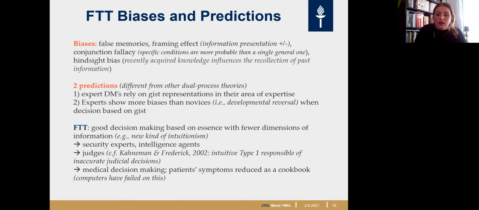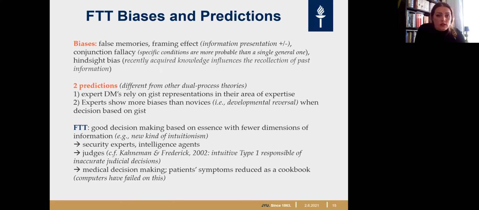And this is also sort of contradictory to type 1, because gist representations would be considered to belong there, even though in FTT it's the essence of the decision making and involves high-level cognitive processes, even though it would be conducted as a more fluent process.